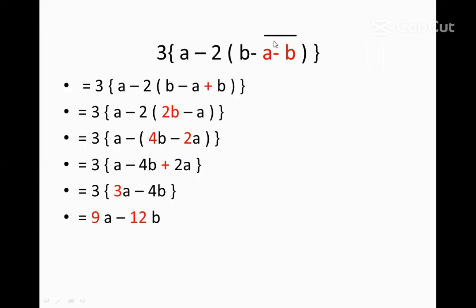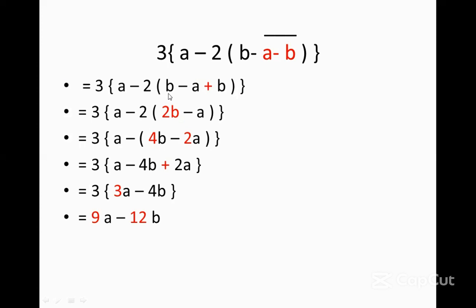When we remove the vinculum, we have a minus sign outside the bracket, so the sign inside the bracket will be changed. Here we have minus sign. When the vinculum is removed, this minus b will be converted into plus. Now it will become b minus a plus b.